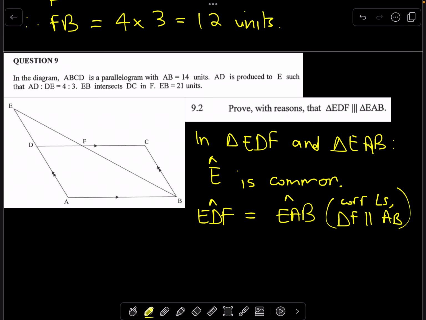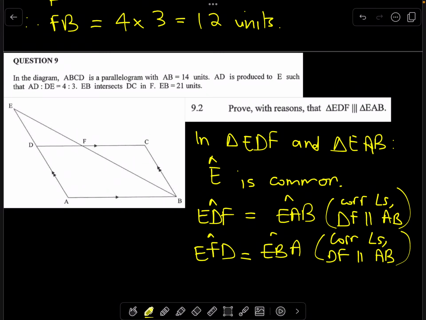Okay, and then the last one, EFD, which is this guy, is equal to EBA, which is this guy, and same reason, corresponding angles, DF is parallel to AB.